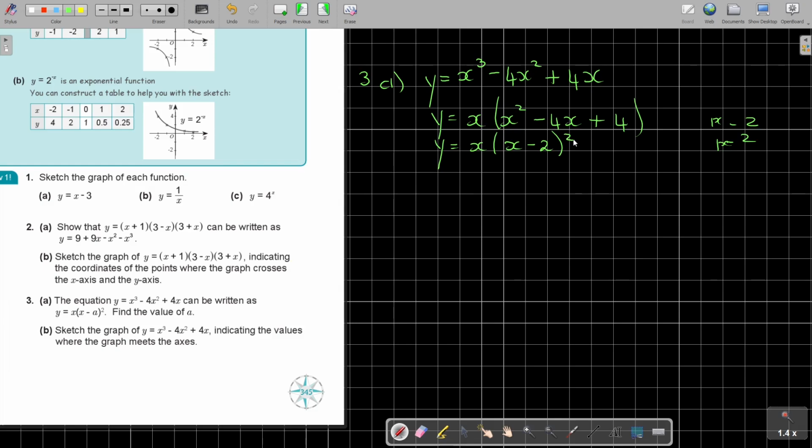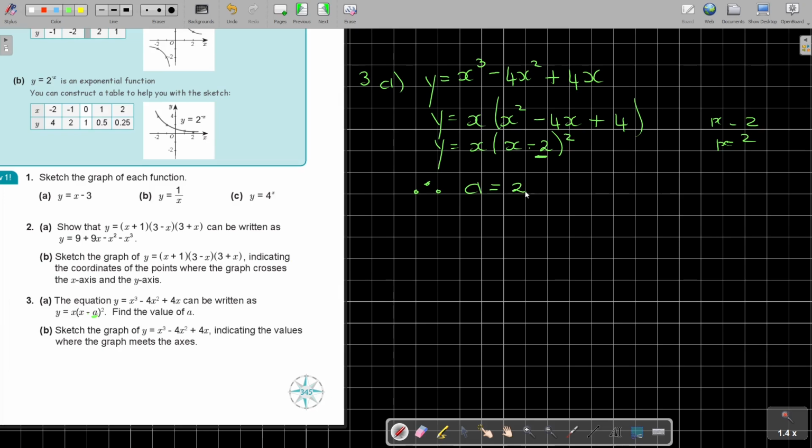Okay, now they say find the value of A. So therefore, the value of A is equal to... find the value of A. Do you see there is the value of A? There is the value of A. That's a negative, so it will just be 2, not negative 2.